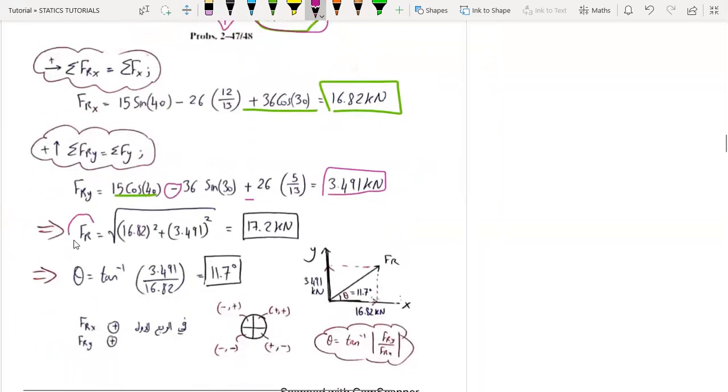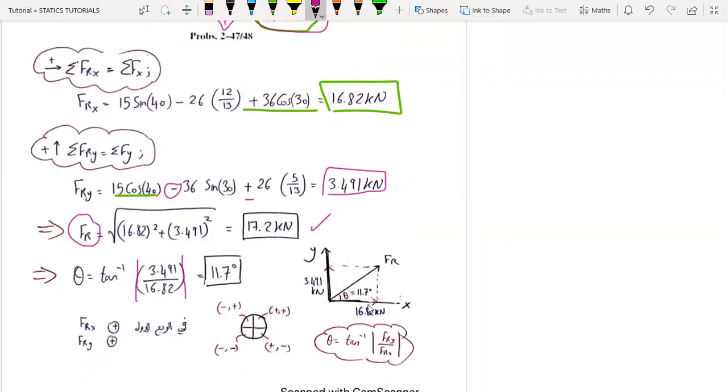Now, the magnitude of the resultant force, we will take the square root of 16.82 squared plus 3.491 squared, and we will get the result. What about the angle theta? We will say tan inverse. We can say absolute value always, but we should take care. We are in which quarter?